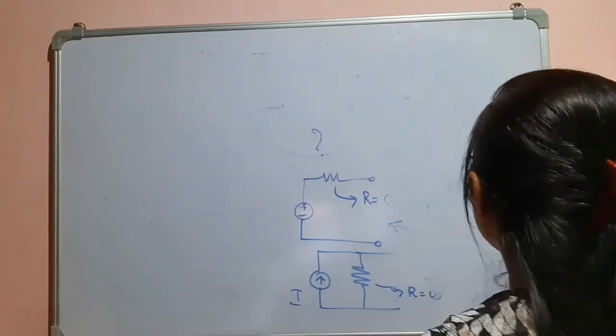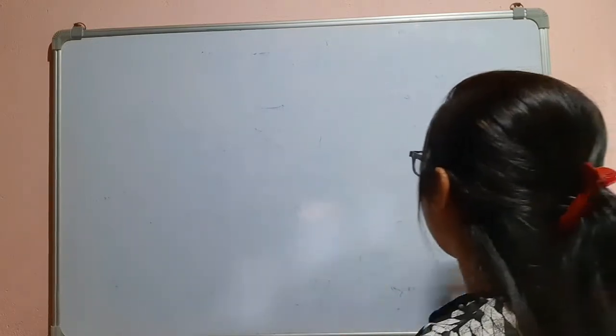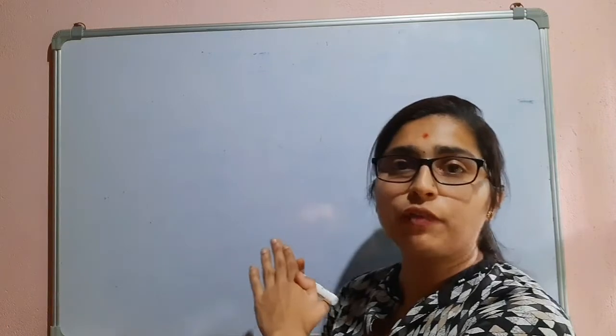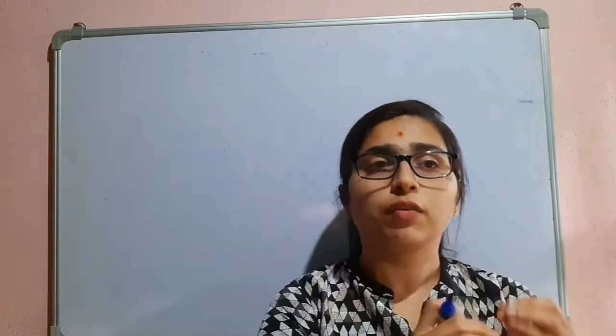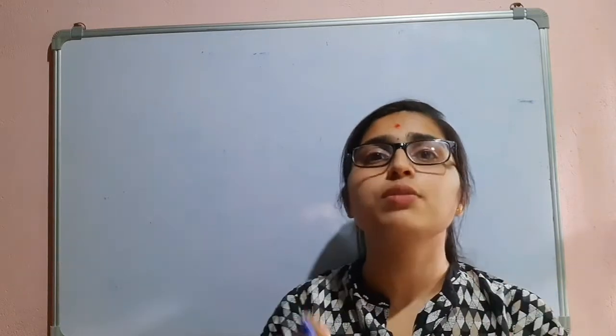dependent sources. Can we apply the source transformation technique to dependent sources? Dependent sources do not have a fixed value like independent sources, such as a voltage source of 15 volts or a current source of 15 amperes, where the value is fixed.